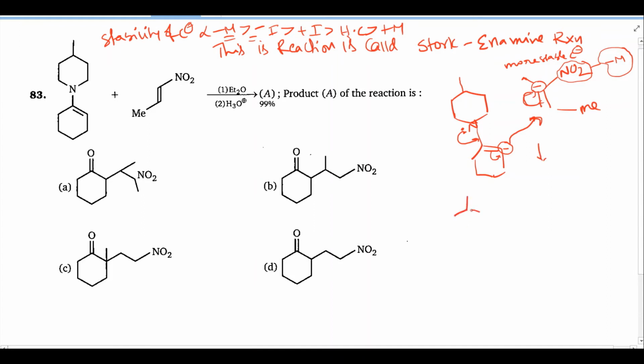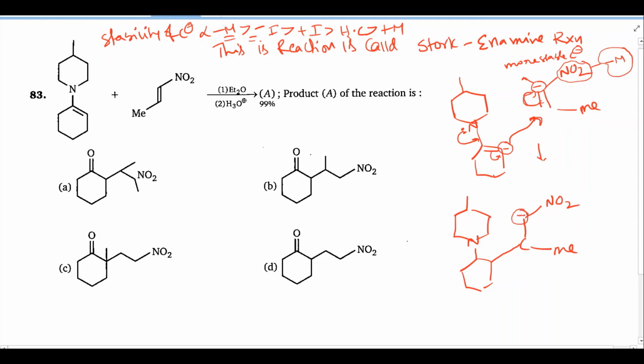So here N is there, and here the bond is directly connected to this C. This C is connected to Me. Here NO2 is there, and there is a negative charge.